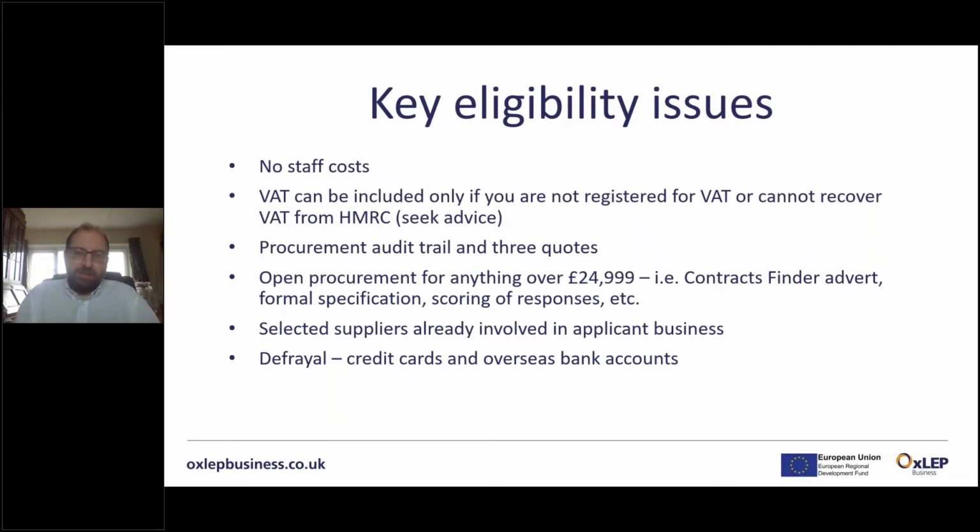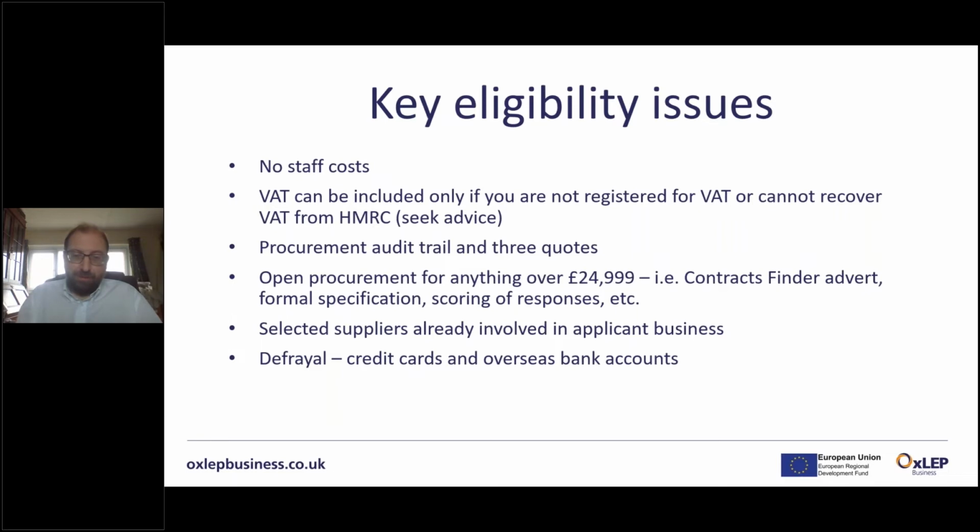Another key eligibility thing that comes up is around procurement. We do require to see an audit trail for the procurements that you undertake. And when we ask for 3 quotes, we do need to see 3 quotes. There are very rare occasions in which 3 quotes is not possible.